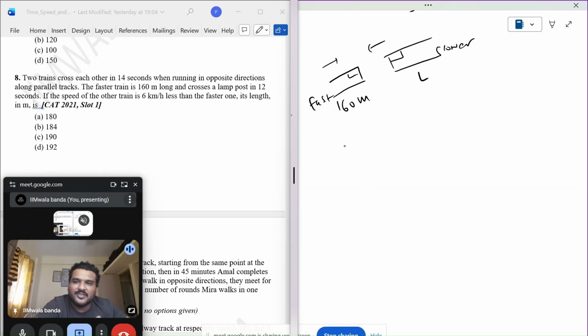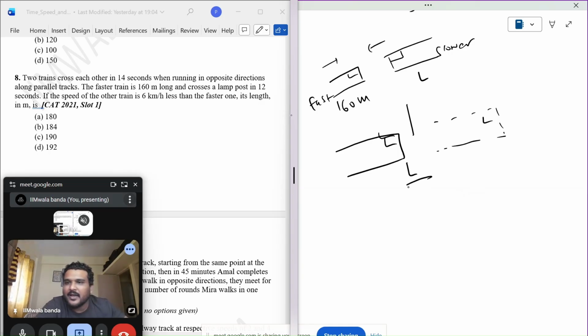Now it is saying the faster train is 160 meters long and crosses a lamp post in 12 seconds. Now you also know that any train which is crossing the lamp post is basically crossing its own length. So that is what it means by this. So basically it has covered L, which is 160, its own length, in 12 seconds.